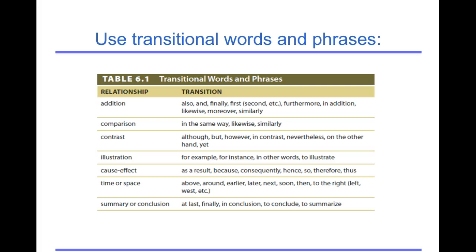They let your reader know that you're comparing something when you say likewise or similarly or in the same way, or you're talking about time or space when you use words like above, around, earlier, later, next. Or you're summarizing something when you say at last or finally or in conclusion or to conclude or to summarize. So those are all signal phrases that let your reader know, okay, this is what's happening, now I know what's going on.